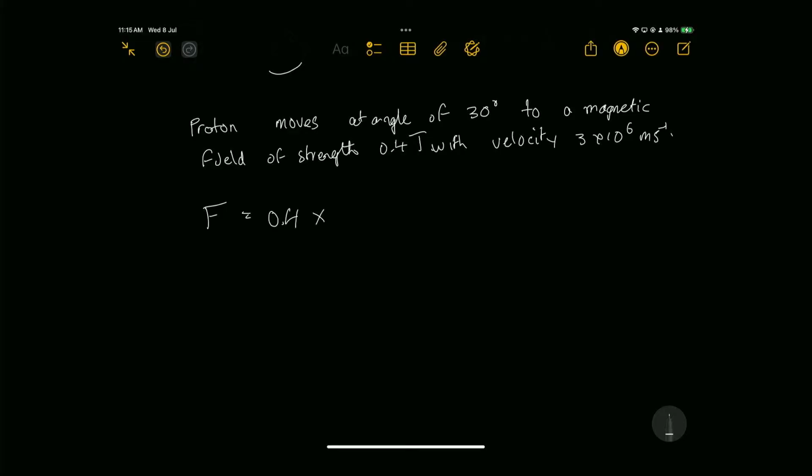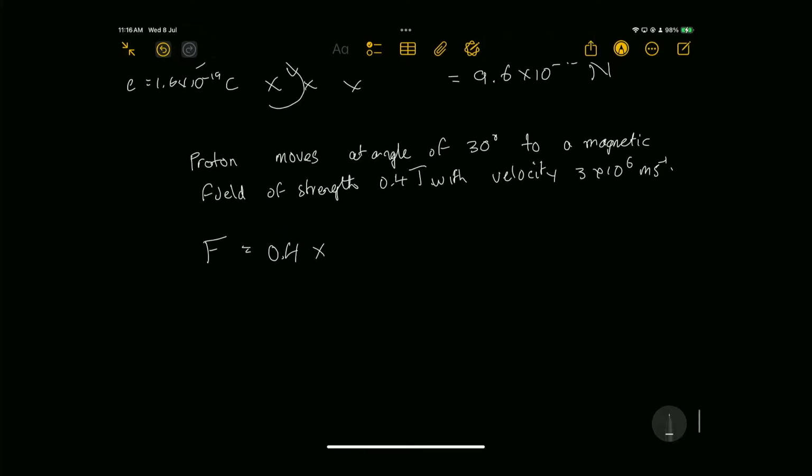Right, 0.4 multiplied by the charge of the proton. So the charge of the proton is equal to what? 1.6 by 10 to the negative 19, because the magnitude of charge of the proton is the same as that of an electron, right?